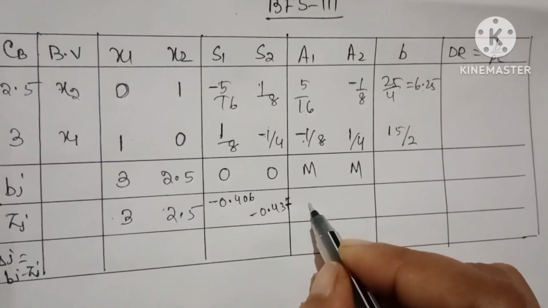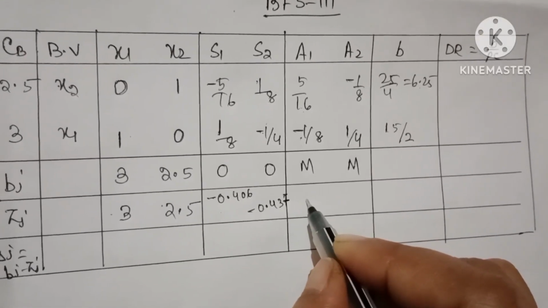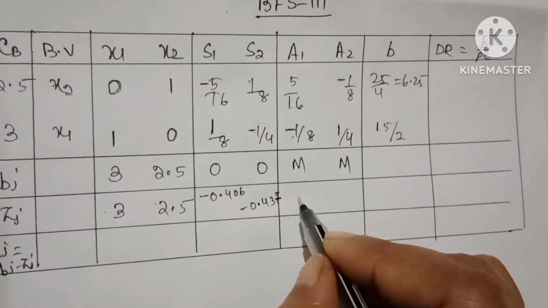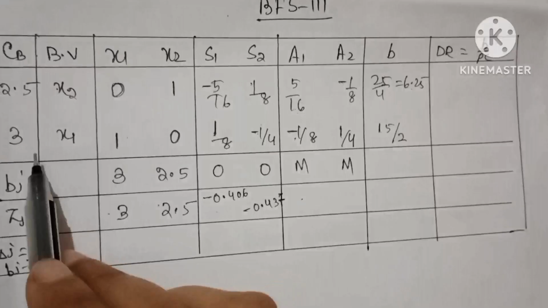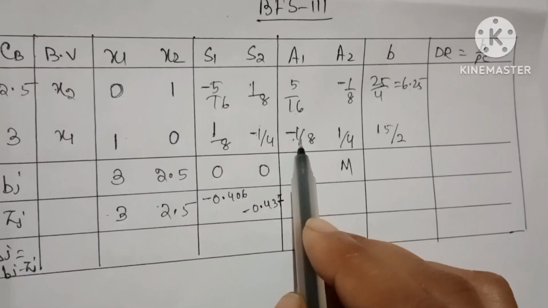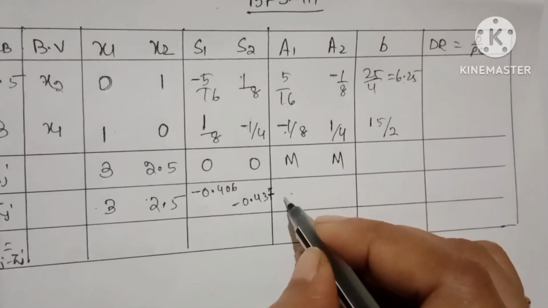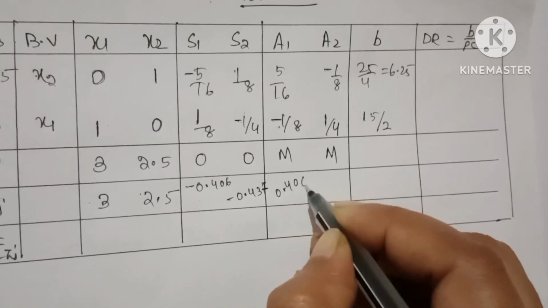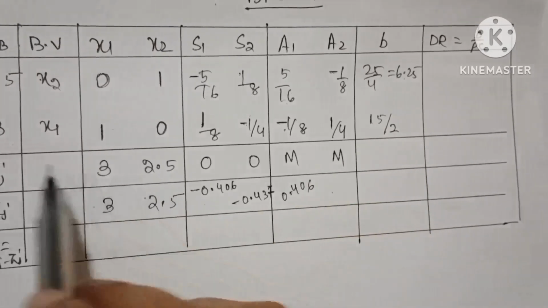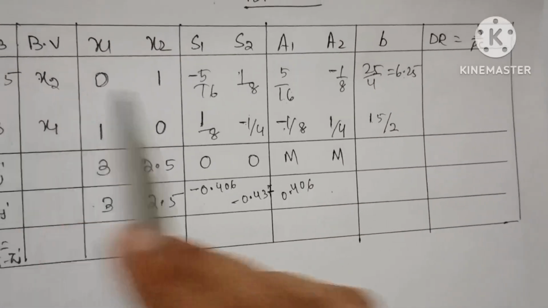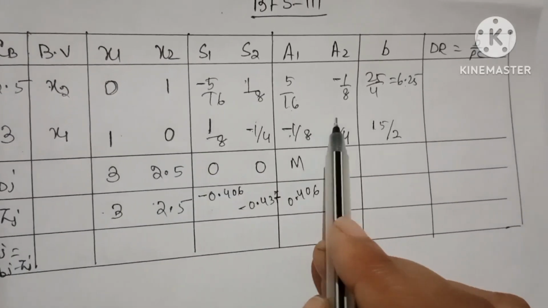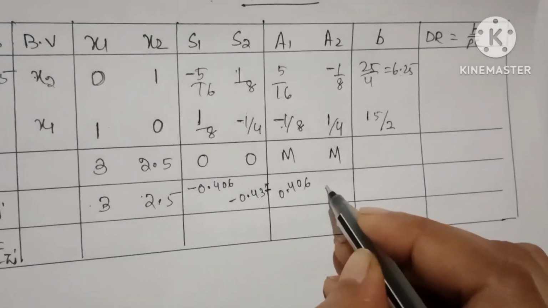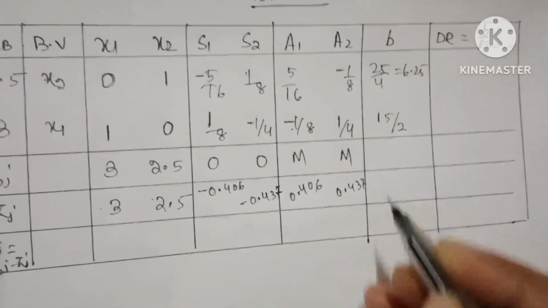Here z5 equal to 2.5 into 5 by 16 plus 3 into minus 1 by 8. So this becomes your 0.406. Then z6 equal to your 2.5 into minus 1 by 8 plus 3 into 1 by 4. This equal to your 0.437.